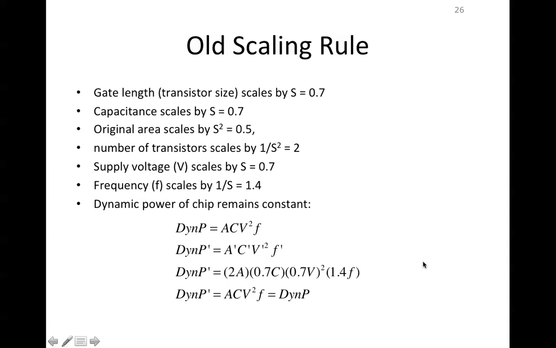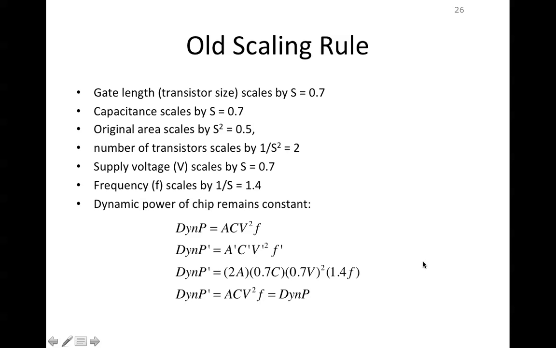In the past, or let's say before multicore, we could pretty much ignore the static power consumption. It's not very important. Okay, here is the back of envelope calculation. Let's say the gate length or transistor size scales every generation by a ratio of 0.7. Okay? 0.7 means a 30% reduction in the next process generation.